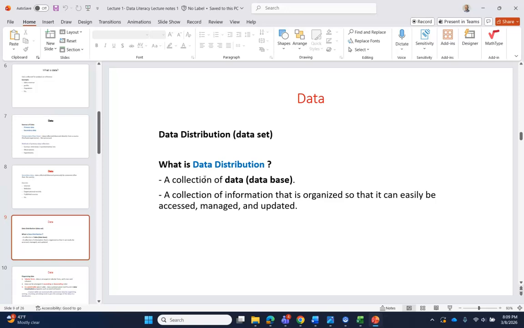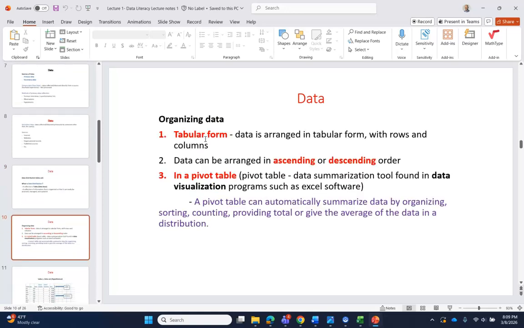That's what we call data distribution. We can organize data in many ways. One is tabular form, where data are arranged in a table with rows and columns. Data can also be arranged in ascending or descending order, or in a pivot table, and so forth.